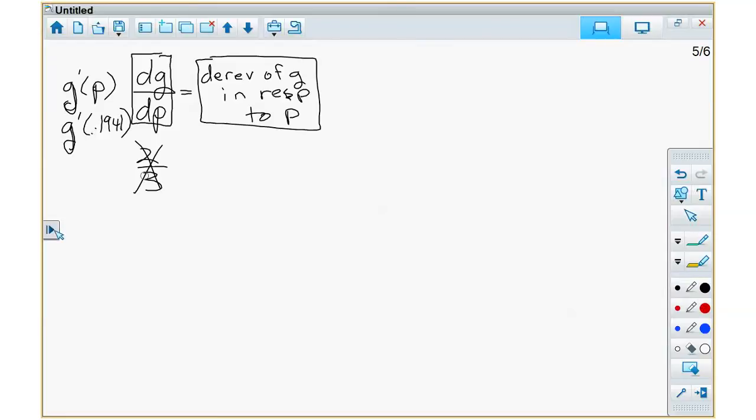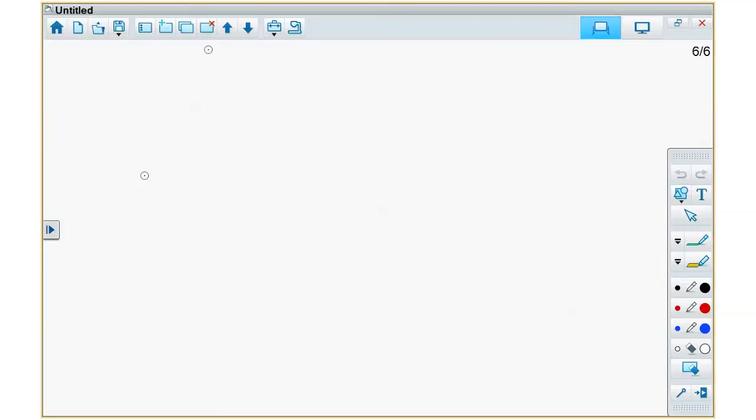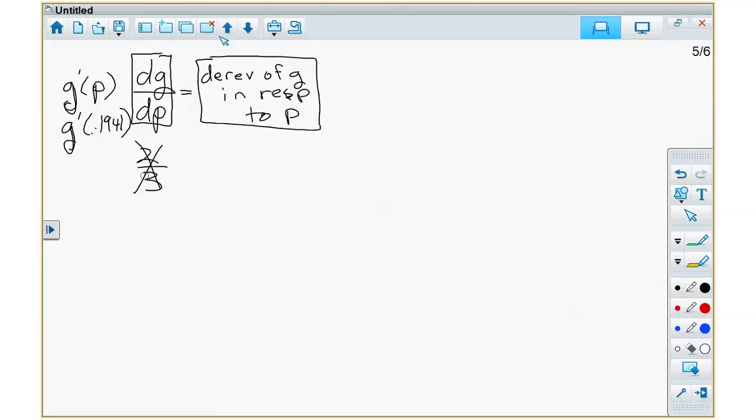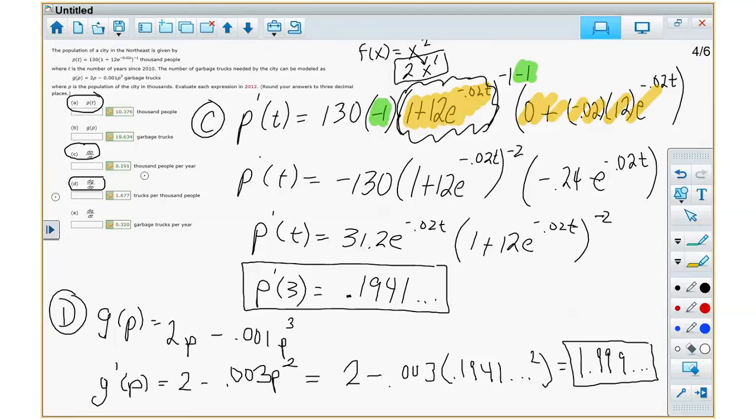So what I would suggest is when you see this or this, you put G prime of P and then plug your number, 0.1941, in right here. I had the same problem you did back in the day because I didn't understand what this meant. So I started using that, and it helped me out tremendously. That's what I would suggest.